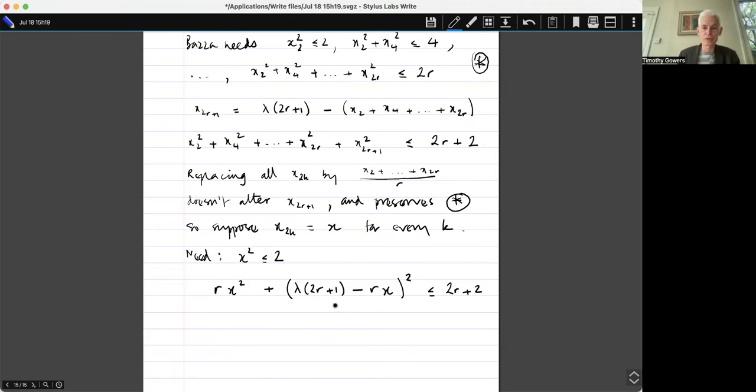Let's just multiply all this out a little bit and see if we can simplify. So we get r x squared plus lambda squared times 2r plus 1 squared minus, it's not looking super nice, 2 lambda times 2r plus 1 times r x plus r squared x squared, less than or equal to 2r plus 2.